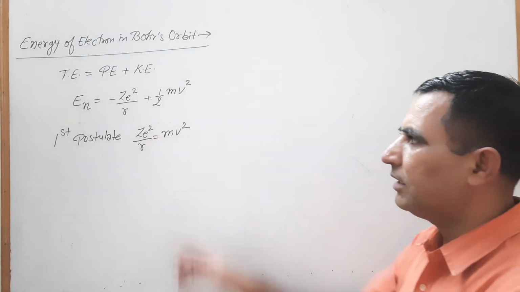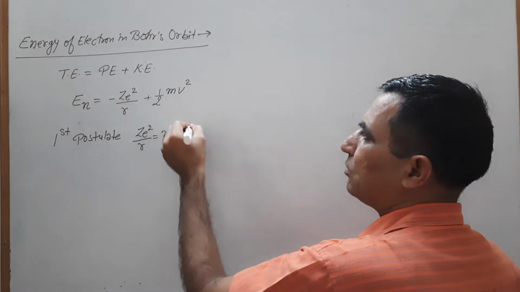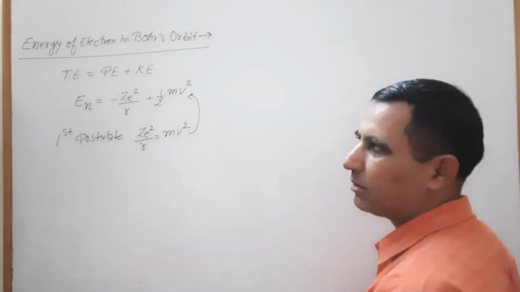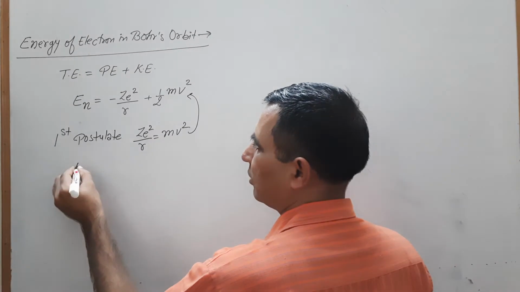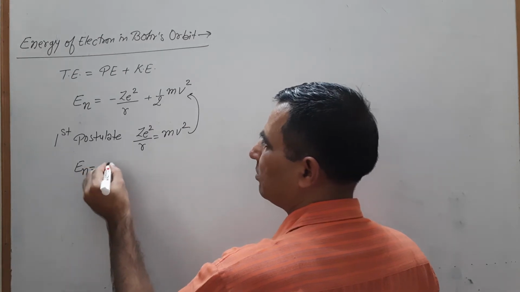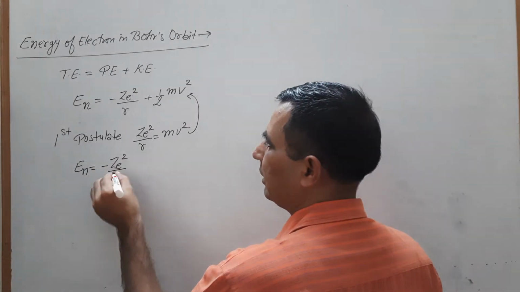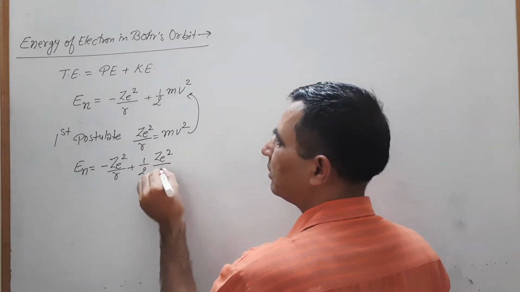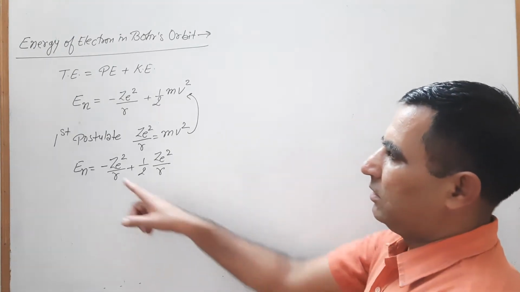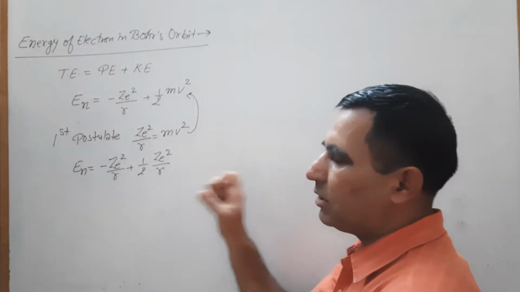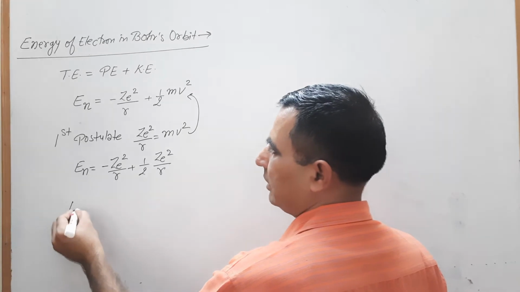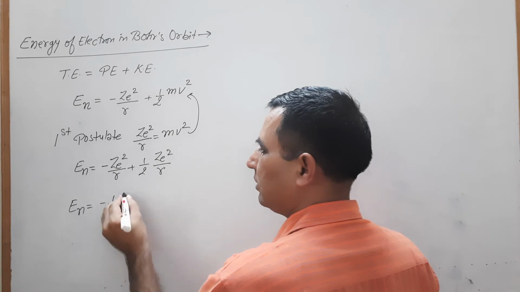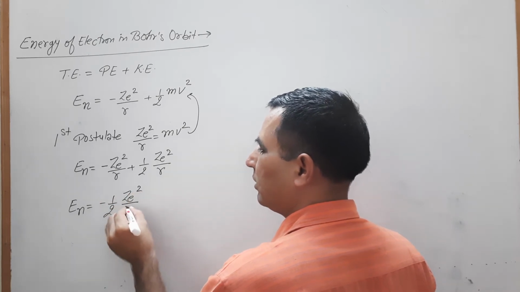We replace this mv square with Ze square by R. At that time the formula for En comes out as minus Ze square by R plus half Ze square by R. When we subtract, the formula looks like this: minus half Ze square by R.